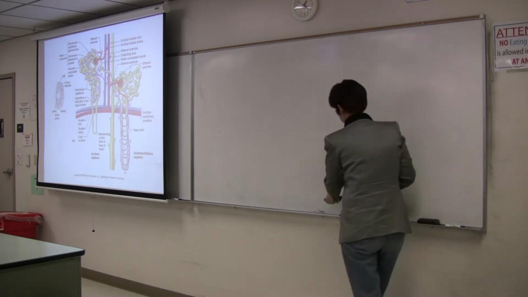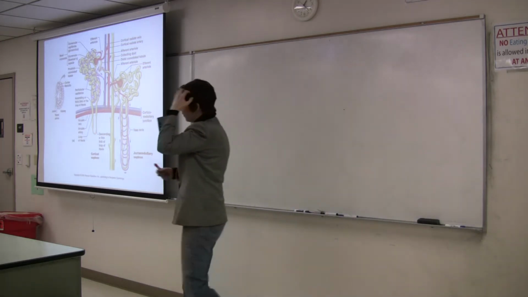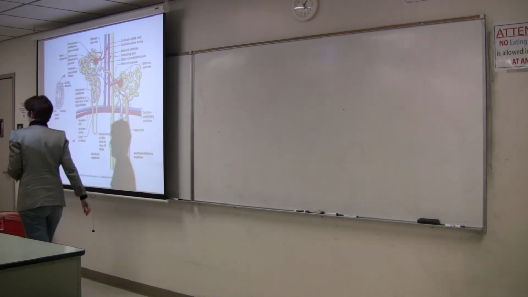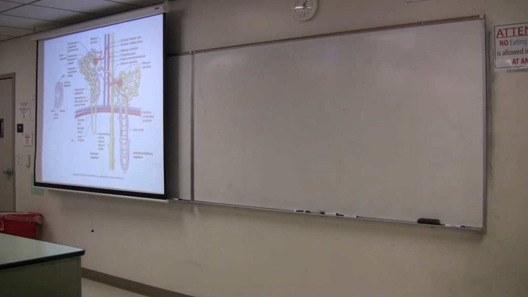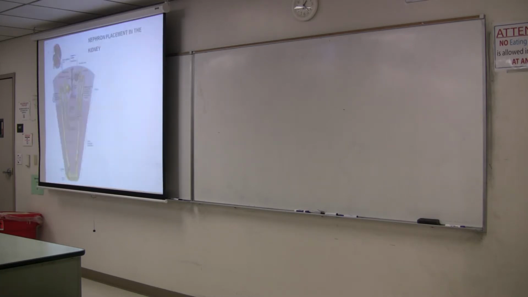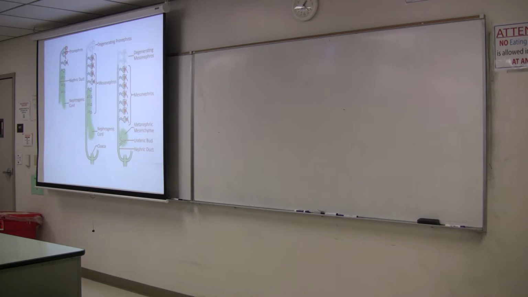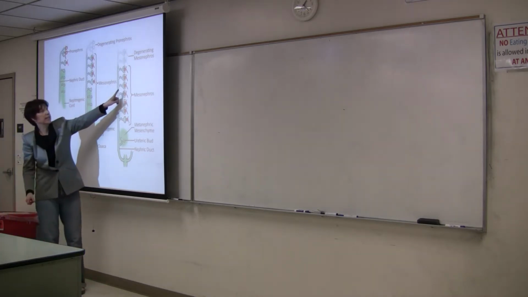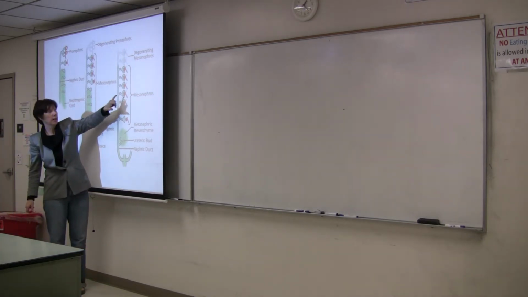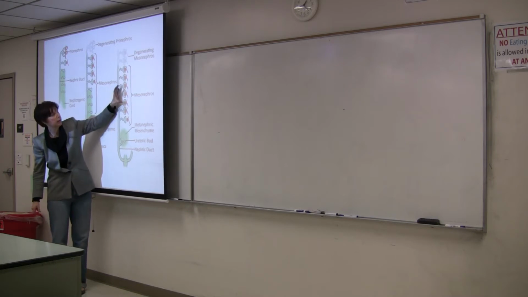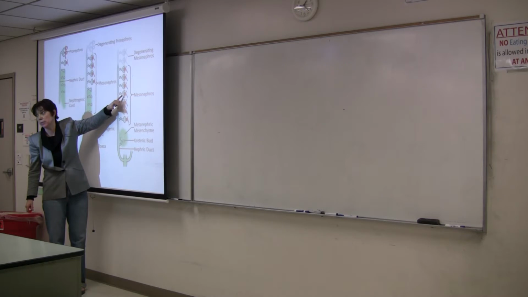All right, so we talked about the blood supply into the kidney. And to go back to this diagram, we have this intimate relationship between the glomerulus and epithelial cells forming the capsule and our kidney tubule.